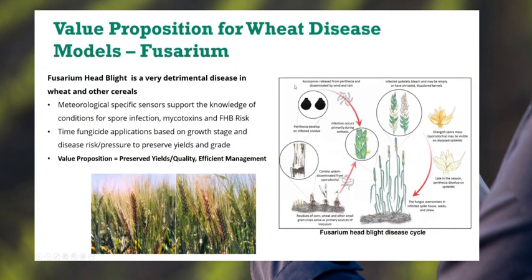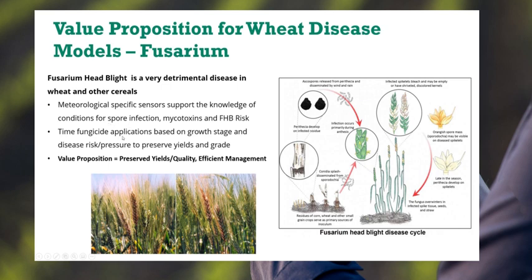So the model proposition for wheat diseases, in particular Fusarium, is very strong. It's a very detrimental disease in Western Canada. It affects many cereals across the country. Meteorological and specific in-field sensors then support the conditions for spore infection, the mycotoxins, and the FHB risk.